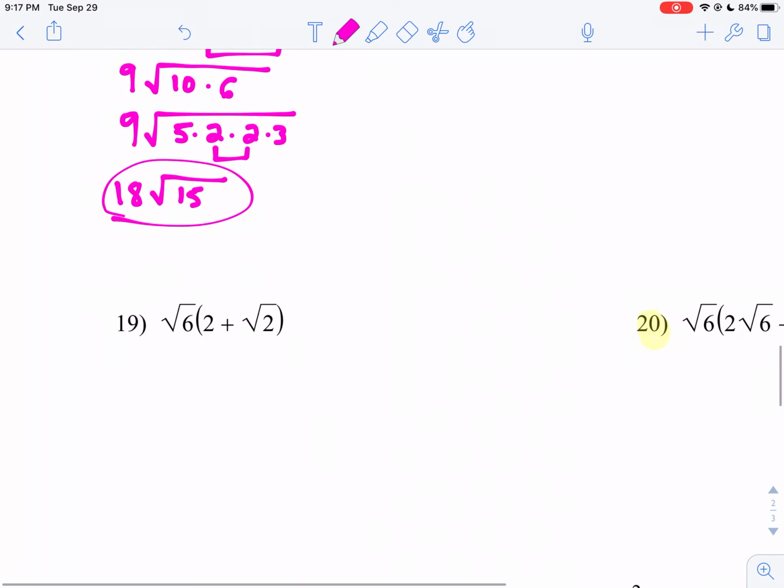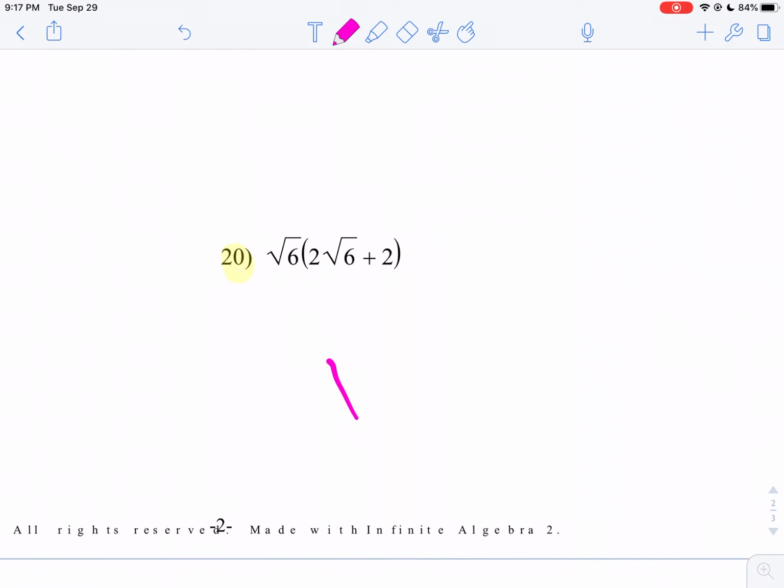All right, and number 20. This one you need to do two things. You need to distribute the 2, and while you are distributing, you need to remember how to multiply radicals. Students find it easier if I write down the distribution first, so they can see the problem and don't have to keep a lot of things mentally.